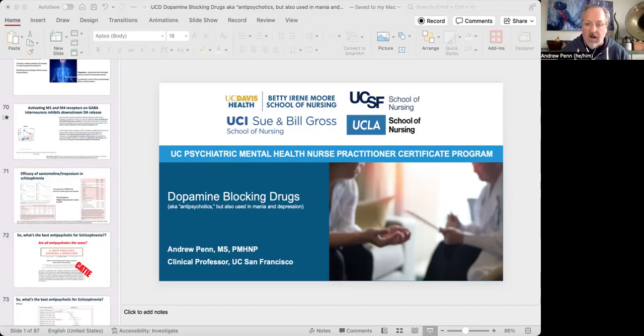And the nigrostriatal tract involves the areas of the brain that are involved in smoothing movement, such as the substantia nigra. When we block dopamine there, we see these Parkinsonian-like effects.